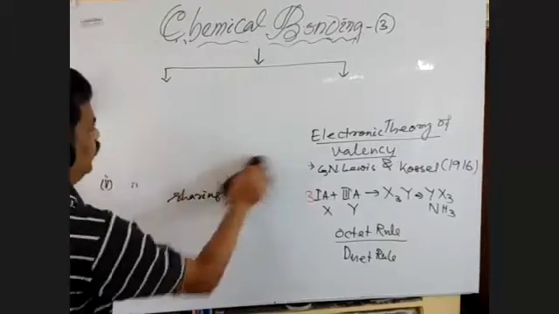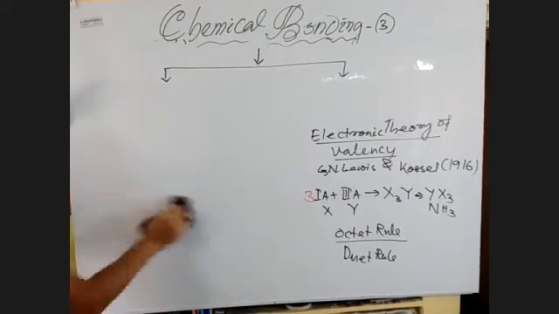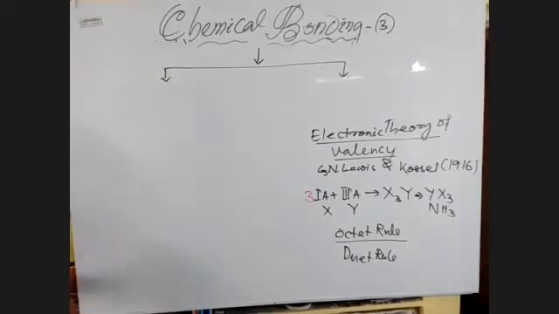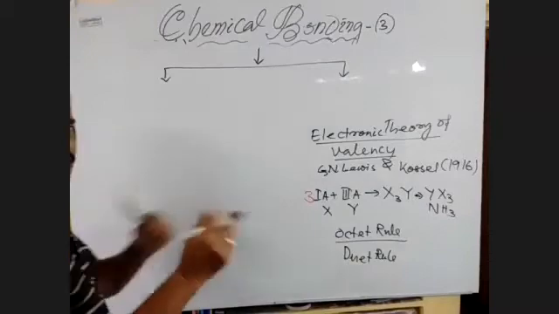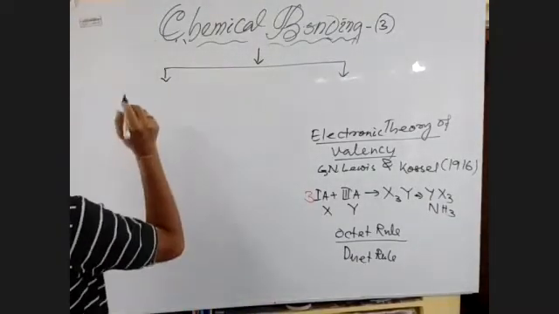Of course, there are many types of bonds we are going to learn in this lesson. But mainly, based on how the electrons participate in bond formation, chemical bonds are of two types.